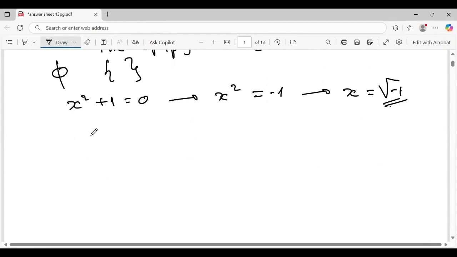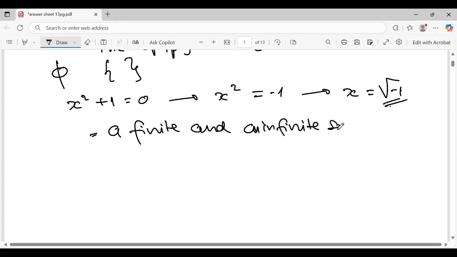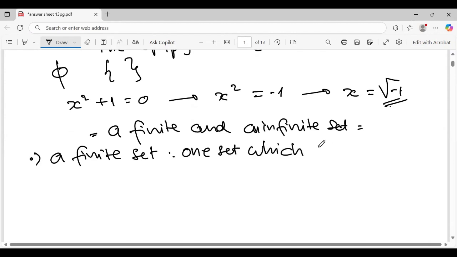Next, a finite and an infinite set. A finite set is one set which can be counted.